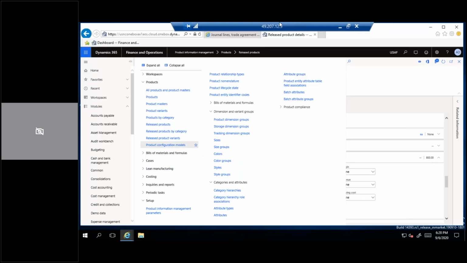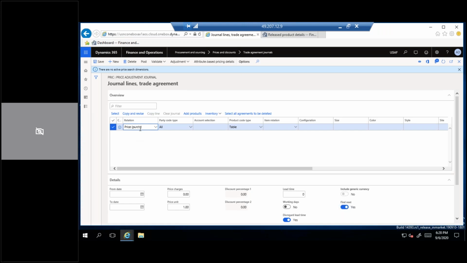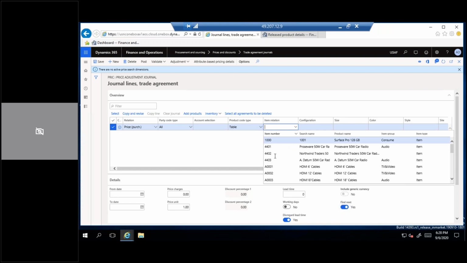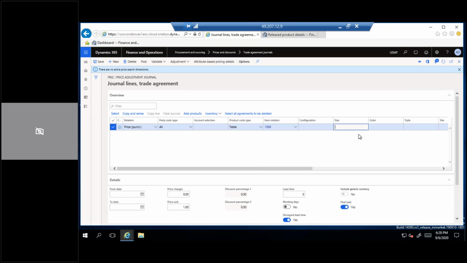Okay, fine. So now the trade agreements. Here in trade agreements, you can enter the purchase price for all vendors for a specific item. Site wise, warehouse wise also, if you want, you can enter the price.